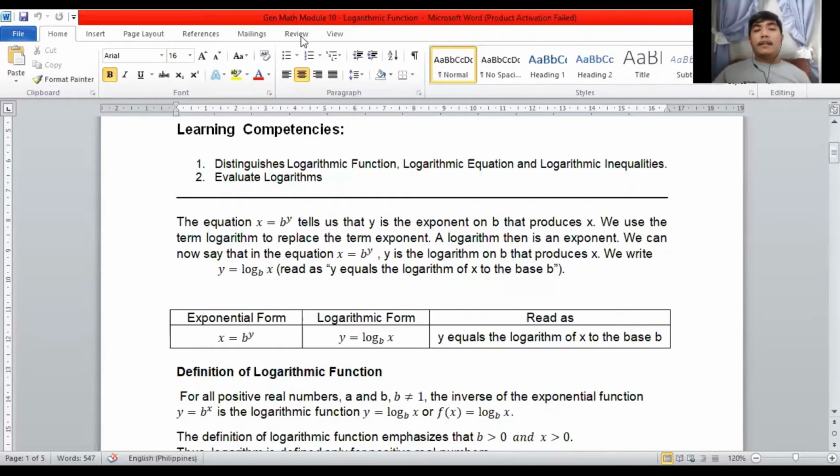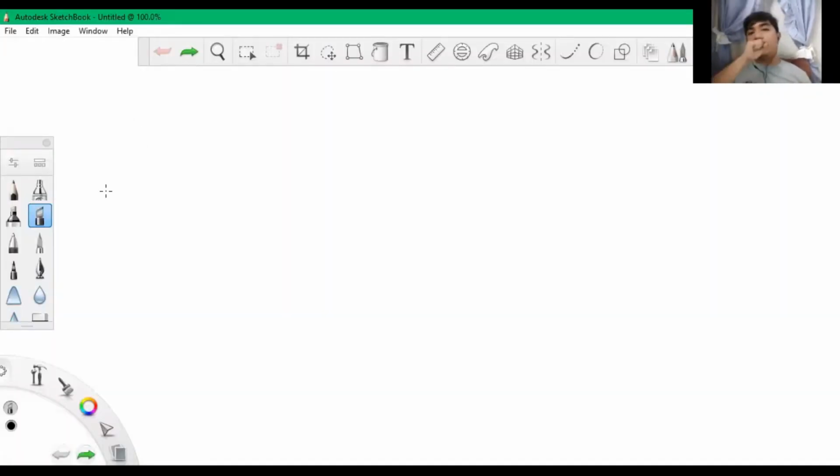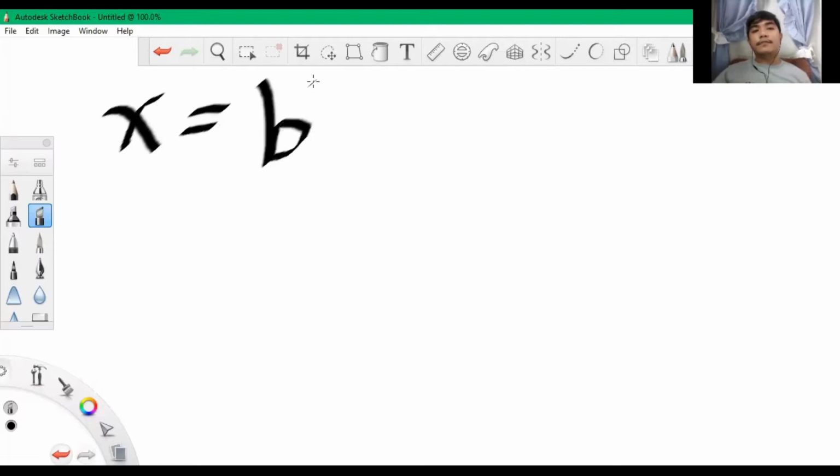So last time, we have discussed exponential equations and exponential inequalities wherein these are the equations and inequalities na ang exponent ay variable. So in order for you to understand logarithm, let's first define the parts of an exponential equation. So we have this one, x is equal to b raised to y.